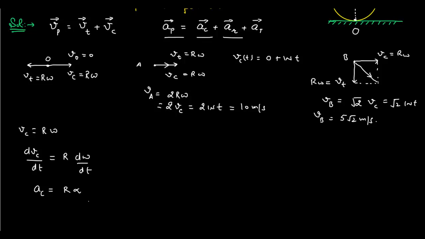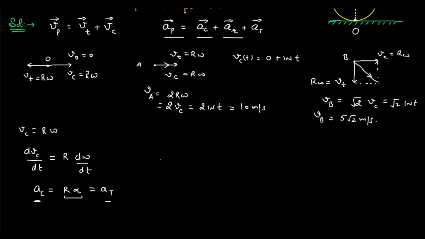Clear? And we know that this r alpha is equal to the tangential acceleration. Clear? So at a given time in the given situation, this AC is equal to AT.